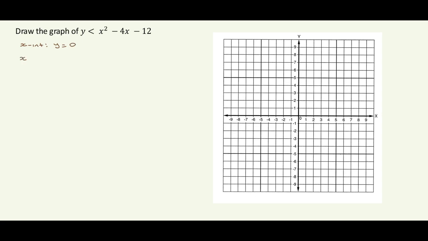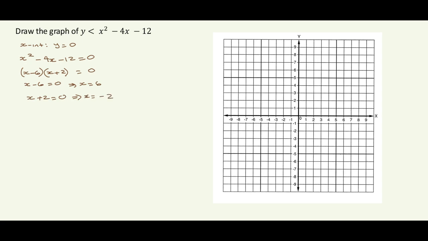So we have x squared minus 4x minus 12 equal to 0. So you factor this and you have x minus 6, x plus 2. So x minus 6 equal to 0, which implies that x equal to 6. x plus 2 equal to 0, which implies that x equal to negative 2.